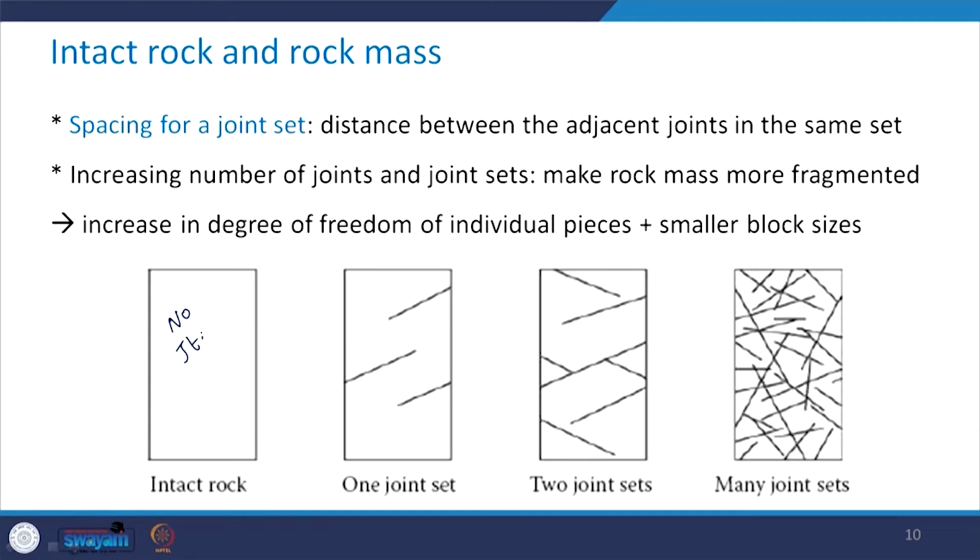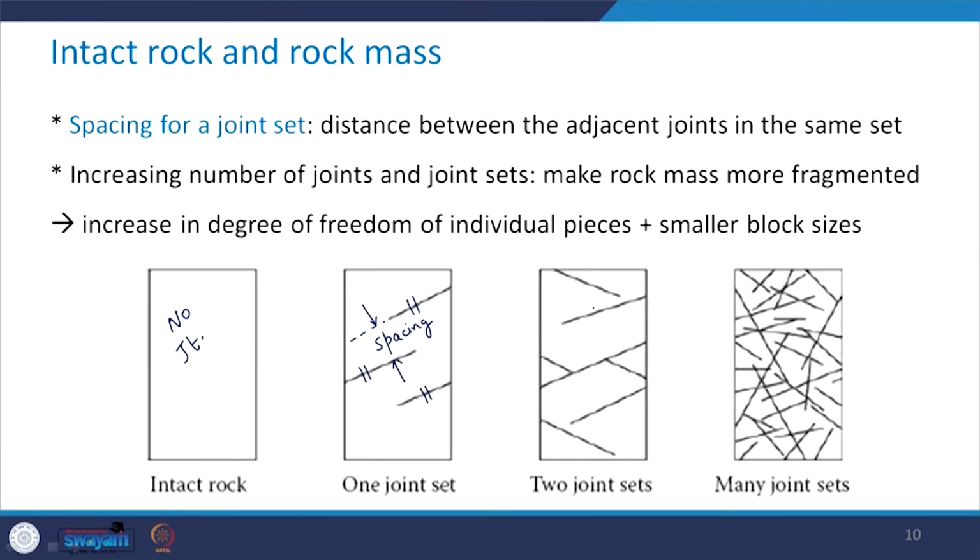The second one has only one joint set. How do we decide that it is one joint set? You see all these joints are approximately parallel to each other. Now how am I going to determine the spacing for a joint set? If I extend perpendicular to this, that is the shortest distance between the two adjacent joints, and this is going to be the spacing.